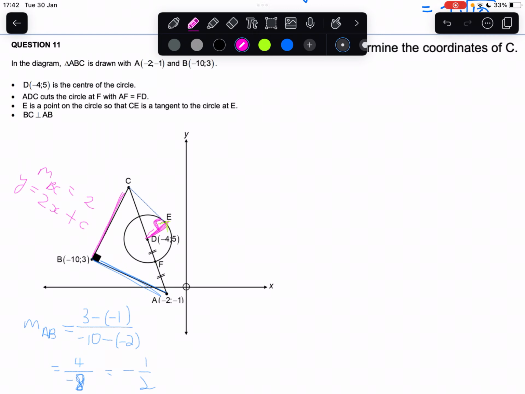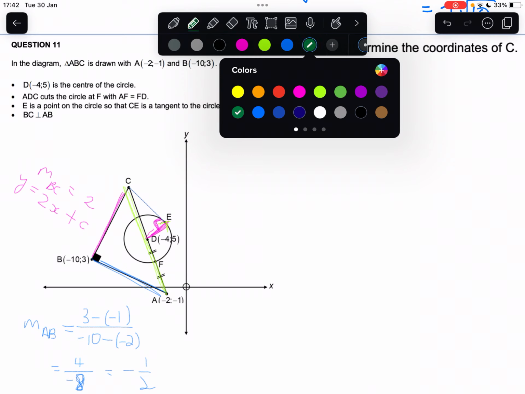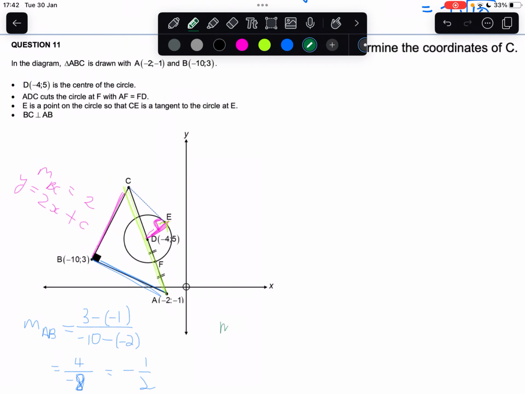Okay, then let's look at this line. Let's add a darker green. The gradient of AD.